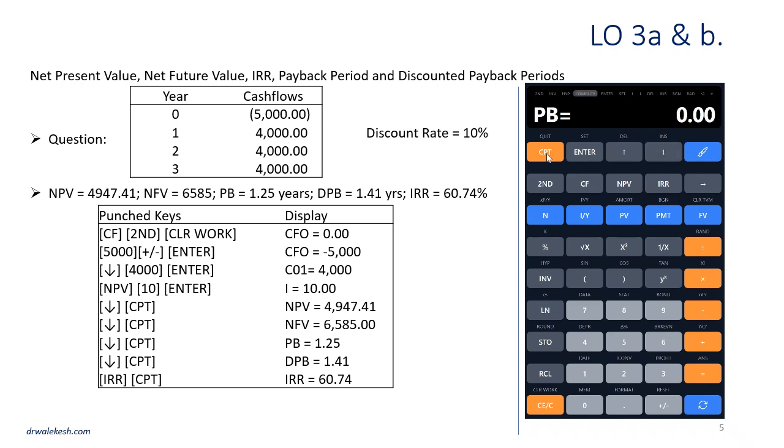Then arrow down, compute so that I have my payback period computed. Then arrow down, discounted payback period is yet to be computed. I will have to press compute. I have that computed. If I am interested in IRR, I will press IRR, then compute. So with this, I have my IRR computed.